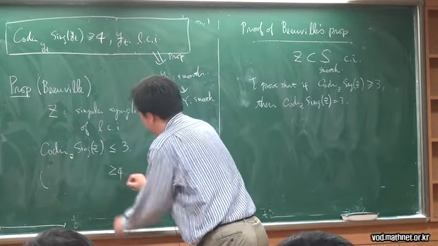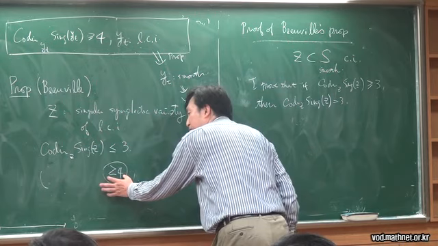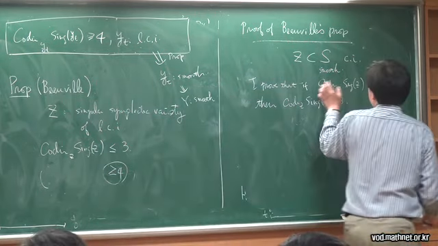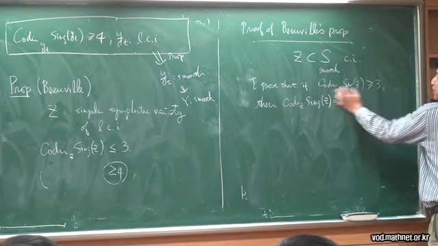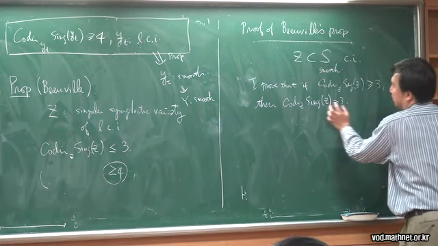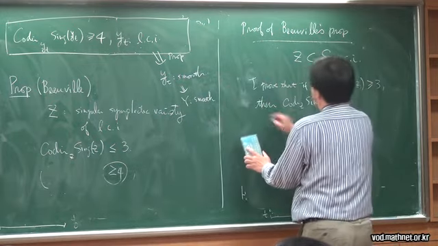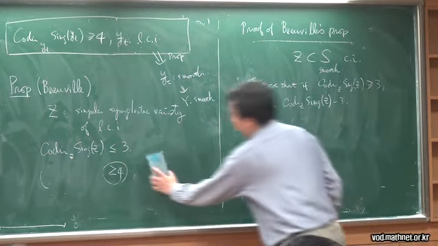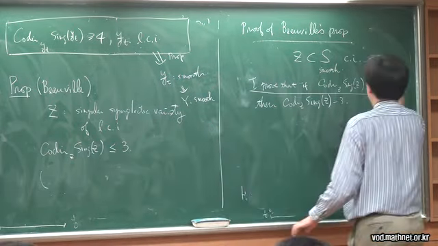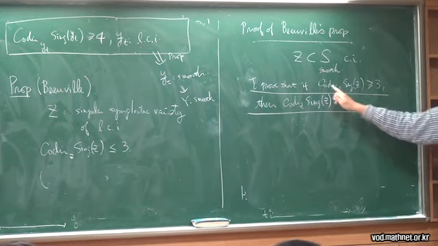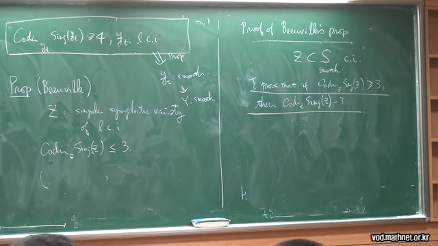The point is, I want to prove that such things don't occur. If I suppose such things, then this is 3. So such things don't occur. So it's enough to prove this. This is the strategy. So now assume the codimension is not less than 3.